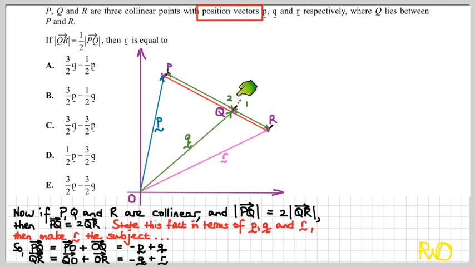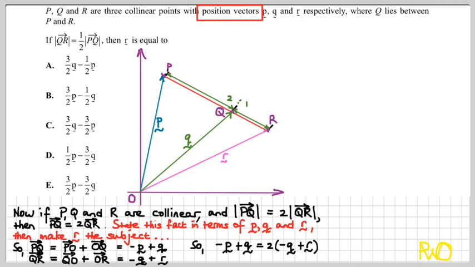Same thing, see? Minus Q all the way down there, plus R all the way up there. You get that? Right, so now we're going to write that equation in terms of what we've just got here for PQ and QR. PQ is twice QR. Here we go.